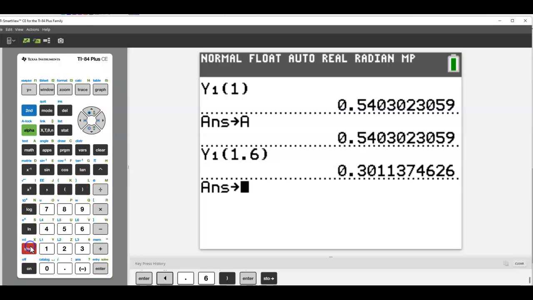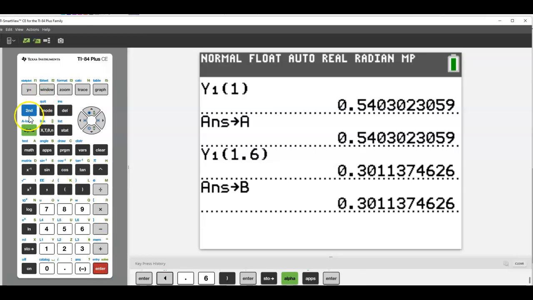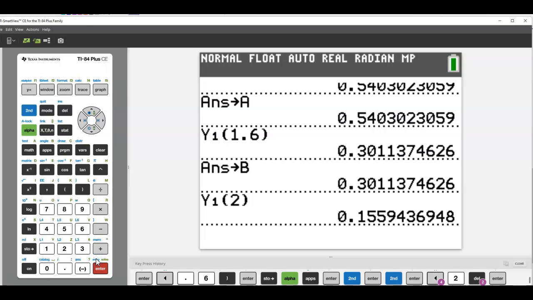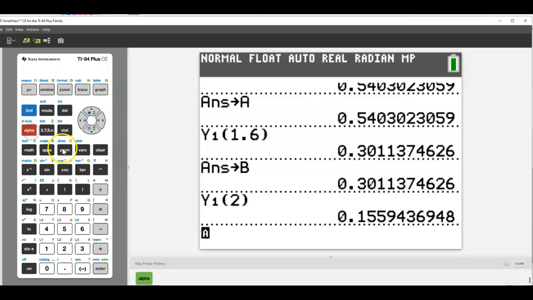And I'm going to store that as B. And then we're going to finally plug in 2. And then we're going to store that as C. Oops, I didn't push store.